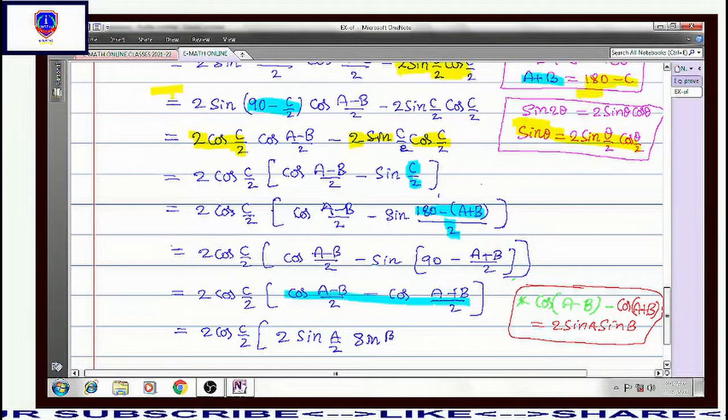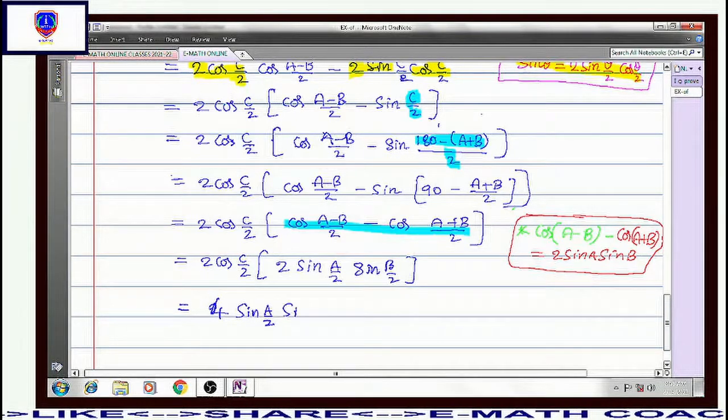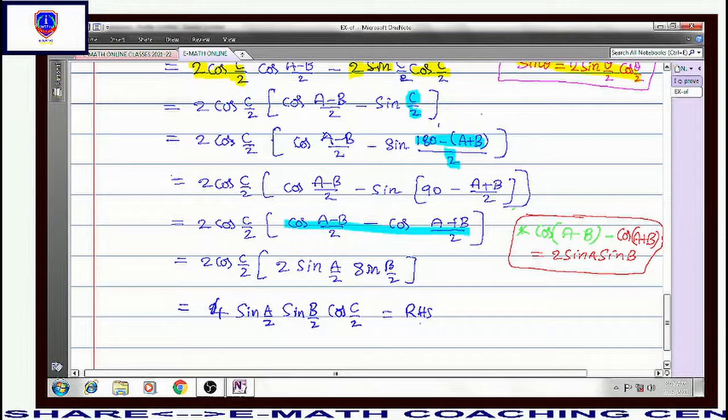Now, we have the answer. 2 twos are 4, so 4 sin A by 2 sin B by 2 cos C by 2, which is the RHS. That's all. Hence, we proved this result.